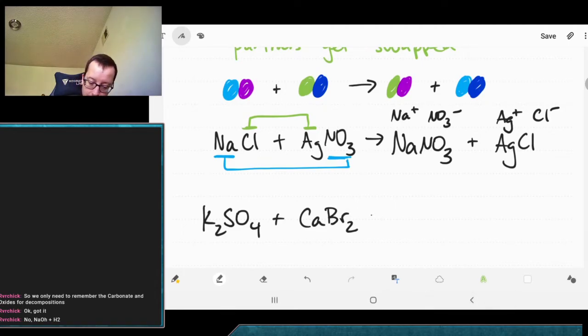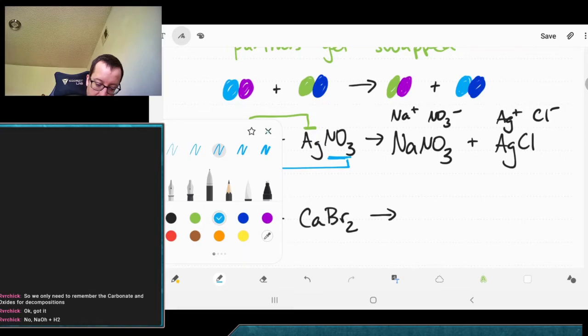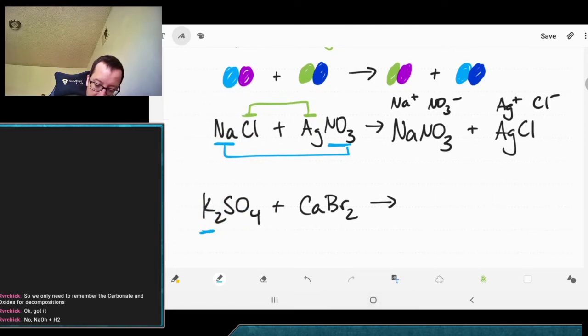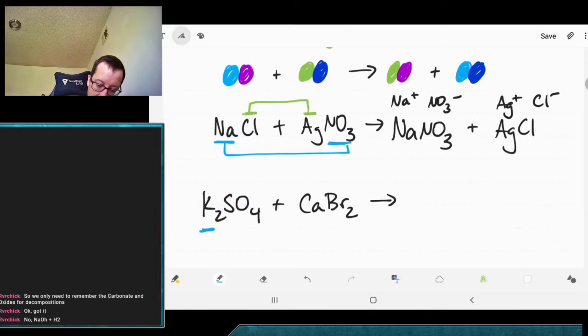Let's look at this one. We identify it as a double displacement reaction because there are two ionic compounds we're putting together. Two ionic compounds means double displacement. If it's double displacement, we're going to want to change our partners.